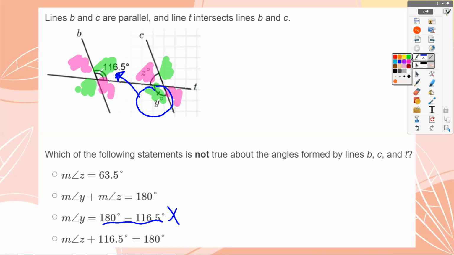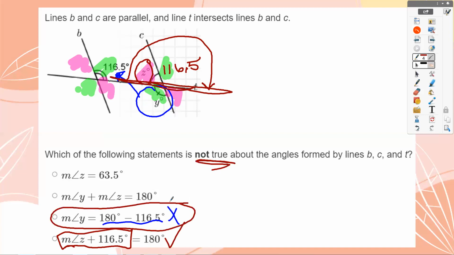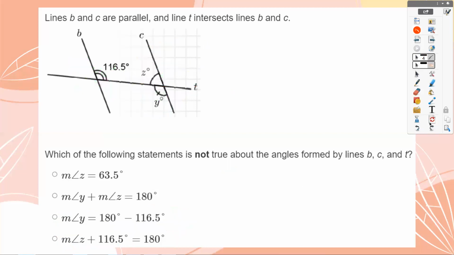And the last one says angle Z plus 116 equals 180. Well, 116 is in green, so I know that one is 116.5. If I add this plus this, does it form a straight line? The answer is yes, so that one works as well. So the one that is not true had to be C. It's really kind of tricky, but I think if you color code, it's going to make a lot more sense for you.